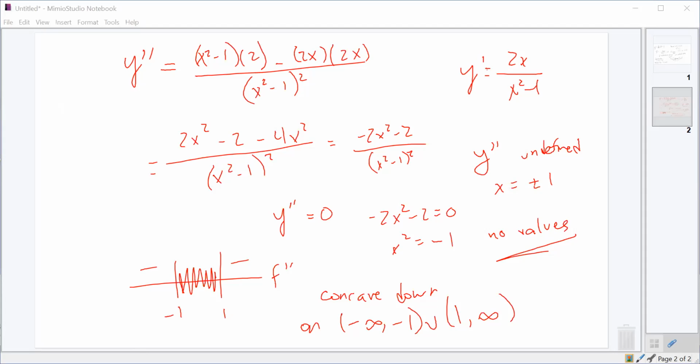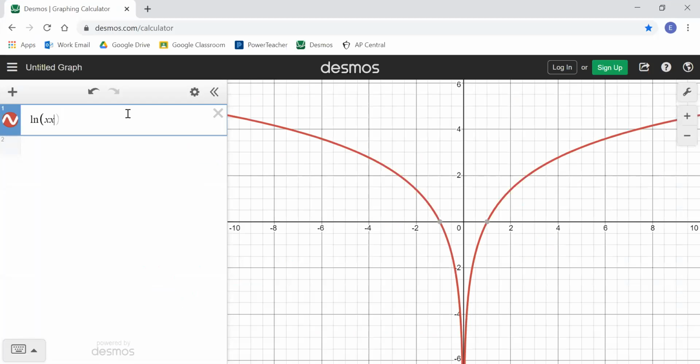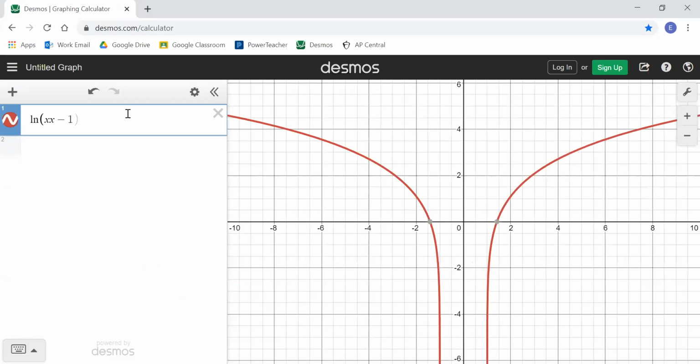But just for the heck of it, real quickly, on Desmos, this is what it looks like, natural log of x squared minus 1. Right? We could find the x-intercepts just by setting the thing inside the parentheses equal to 1, because that would give us natural log of 1.